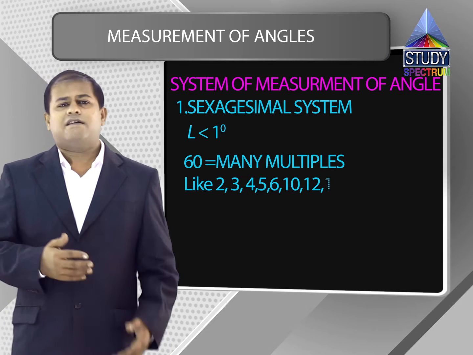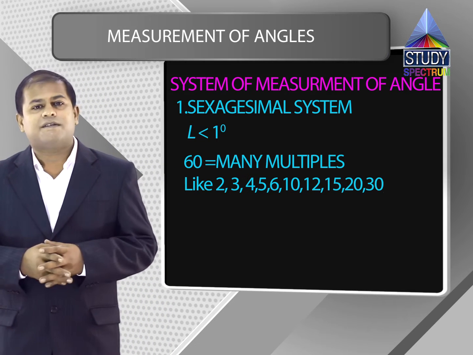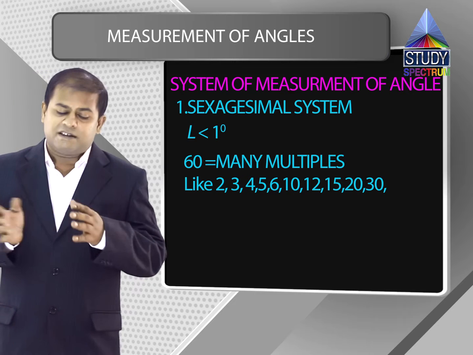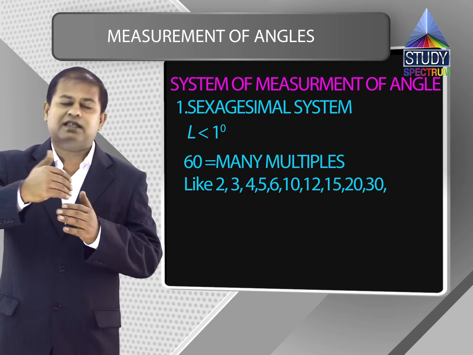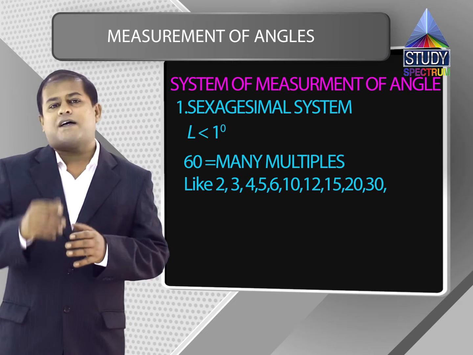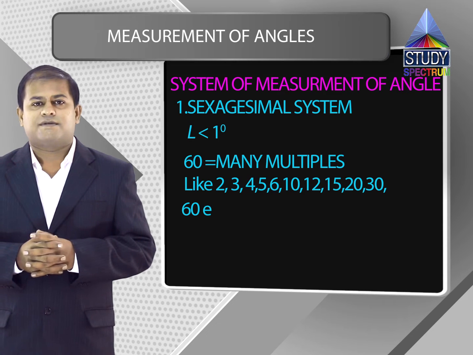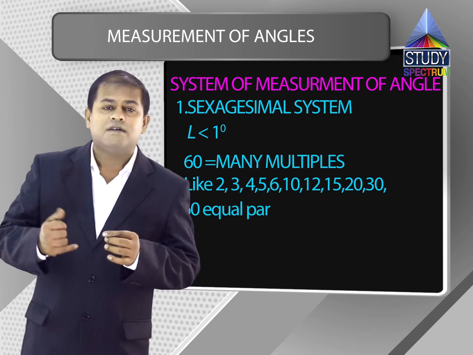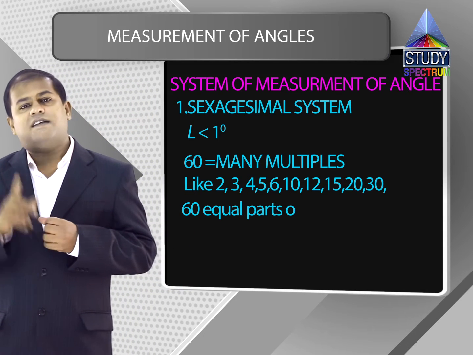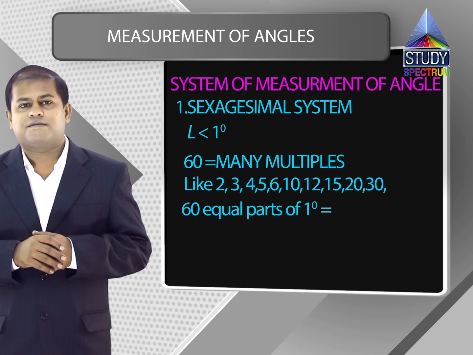So 60 had many factors, and they said it is easy to deal with the number 60. So they divided the measure 1 degree into 60 equal parts, and one part was called 1 minute.